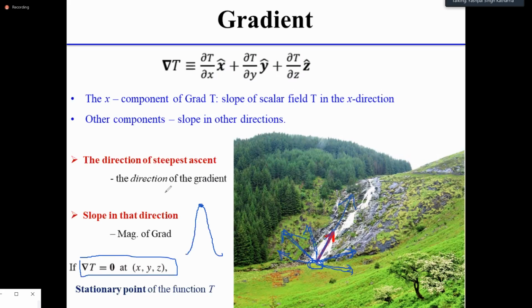It means that del t has 0 value for a slight change in xyz at the point xyz which lies at the peak, or even at, for example, a valley.